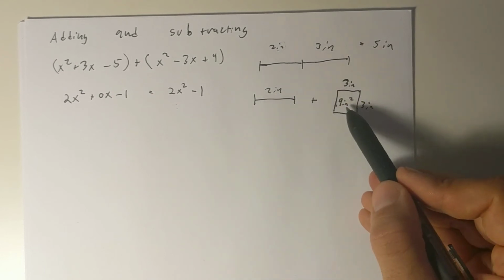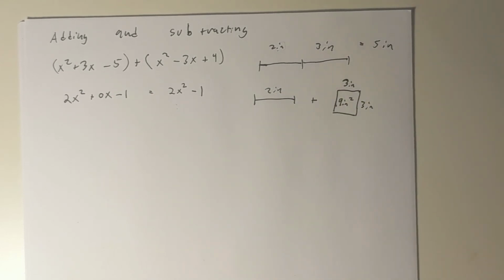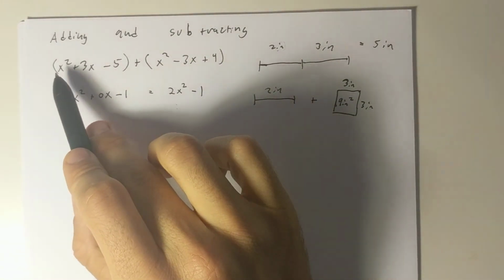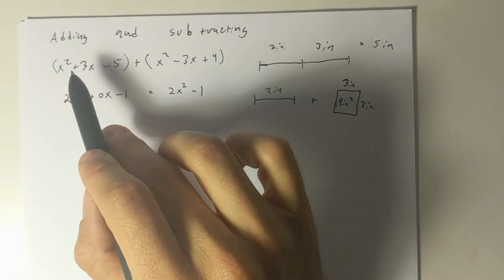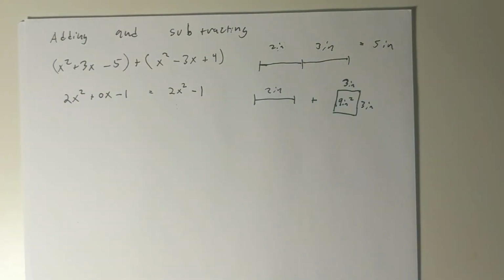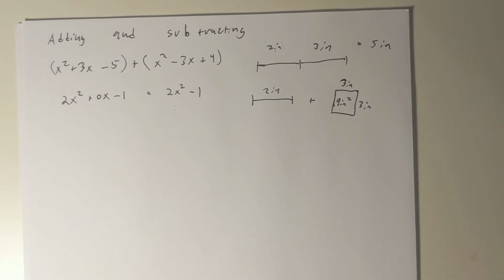This is a length, this is an area. It's a completely different thing, so I cannot add them. And for that exact reason I cannot take x squared and add it to 3x. They are two completely different things, so they cannot be added, right? So there you go.